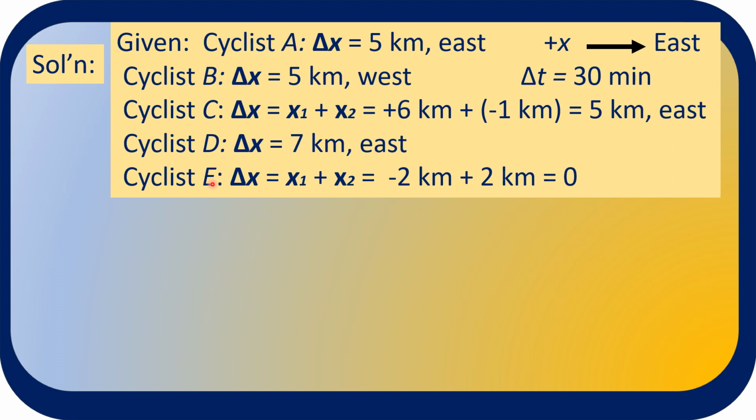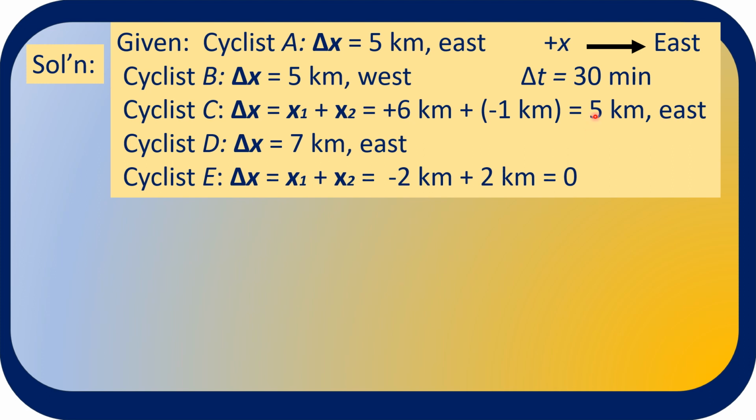Cyclist D's displacement is 7 kilometers due east, while cyclist E first has a displacement of 2 kilometers westward, then turns around and moves 2 kilometers eastward, for a total displacement equal to 0.